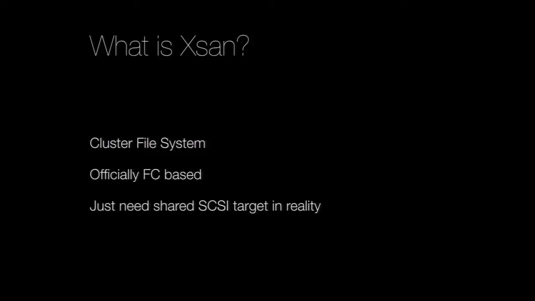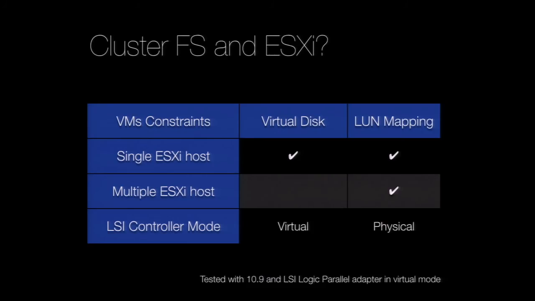And regarding a cluster file system and ESXi, you can virtualize a cluster file system. You have 2 methods for that. Fully virtualized means you have a shared VMDK between multiple guest OS. The constraint in this scenario is you must run all guest OS on the same ESXi host.